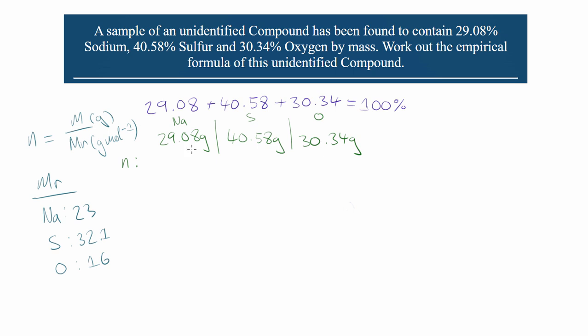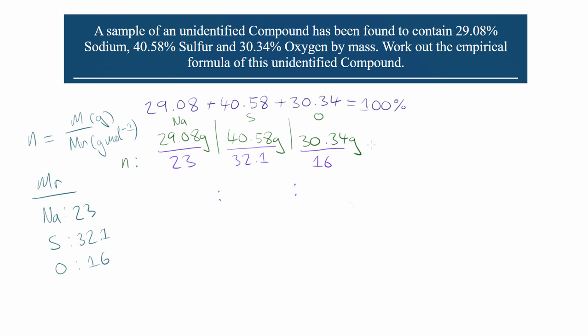Well, here this would be 23, here this is going to be 32.1, and here this is going to be 16, right? I would invite you to see what you get when you actually run these calculations for each of those, and we're just going to write this out as though now it's a ratio, because that's effectively what we've established. We've established a ratio between the sodium, sulfur, and oxygen.